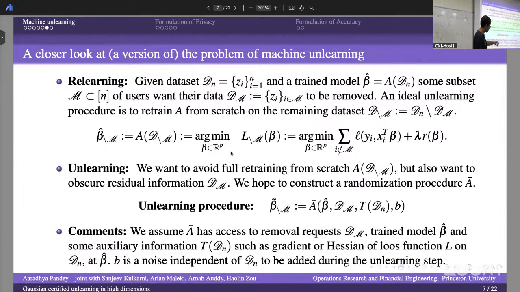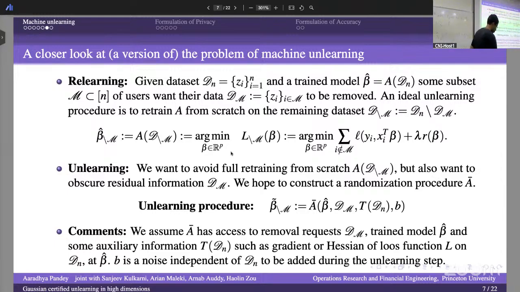And the B that you see at the end of the unlearning procedure is basically some sort of noise injection. That means we'll do some deterministic step, like an algorithm, and then we'll add some noise. That is the idea for having a notion of privacy. In order to have privacy, one needs to add some version of noise. Okay, so that's the reason we have the extra notion of B.